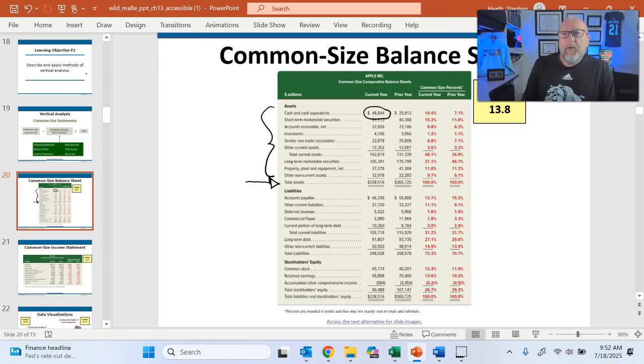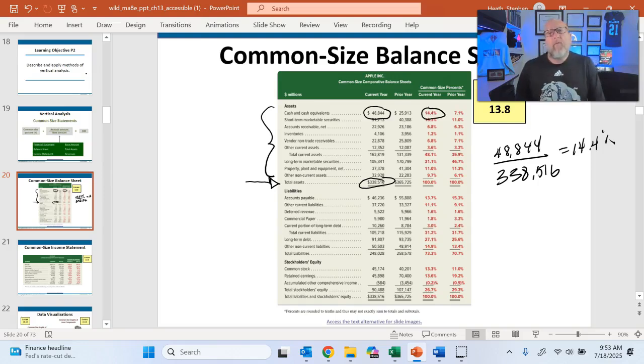And so what we're going to do is we're going to say, hey, you know what? 48,844 divided by total assets of 338,516. That's going to equal approximately 14.4%. So what we're saying is, hey, you know what? Cash and cash equivalents is about 14.4% of total assets.